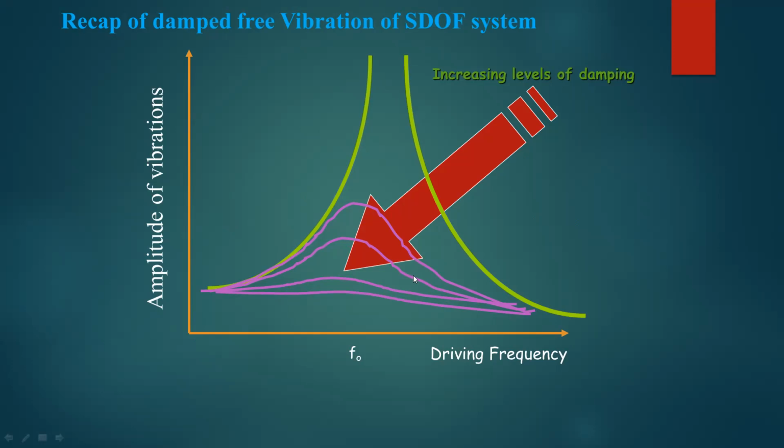We have seen the overdamped condition when zeta is greater than 1, the underdamped condition when zeta is less than 1, and exactly zeta equal to 1, which means the critical damping condition. So it is similar to that.